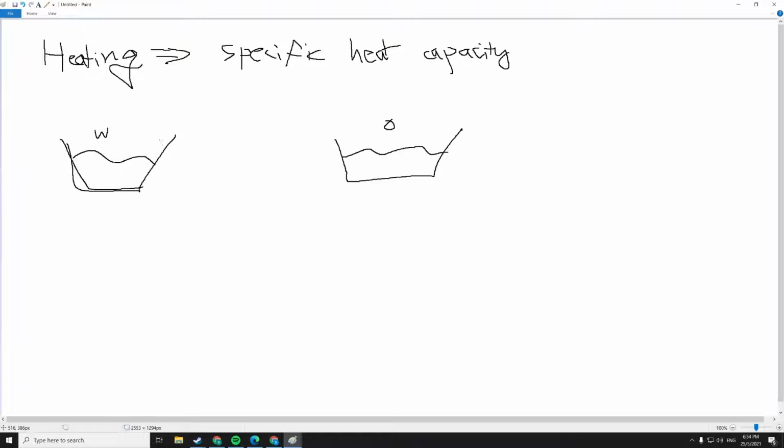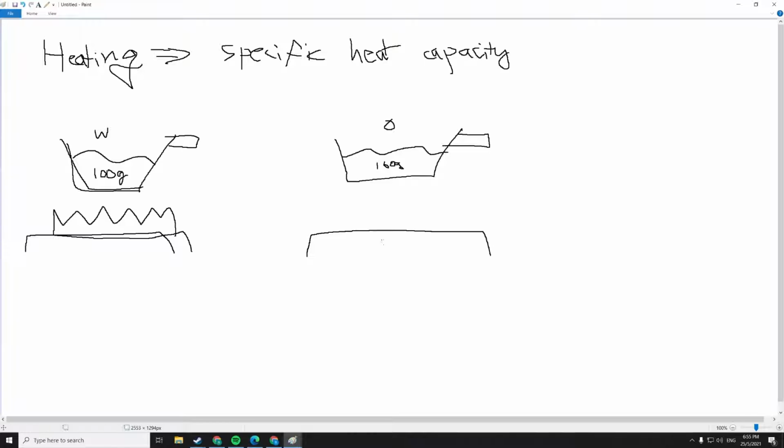We have the same mass of water. So we have 100 grams of water. We have 100 grams of oil. Okay? And it's in a pot. And now what I do is I put this on a stove top, and I turn on the flame, and I ensure that both pots are getting the exact same amount of energy from the bottom.